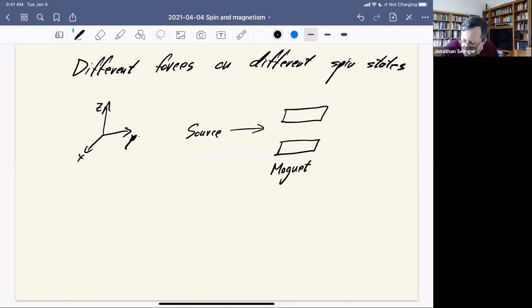So the different spin states will go off in different ways. So you can have spin up that goes off this way and spin down that goes that way, right? So you can get then separate beams of particles.